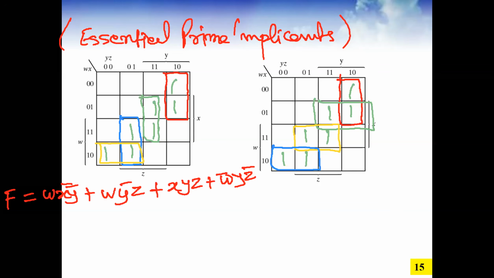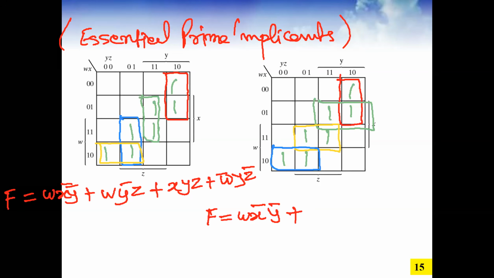Okay, let's write the function for this solution also, girls. F is equal to, start with the blue and we'll be going up. So it's going to be W X complement, and from the top Y complement, W X complement Y complement, plus look for the yellow color now. So W X Z. Am I right?